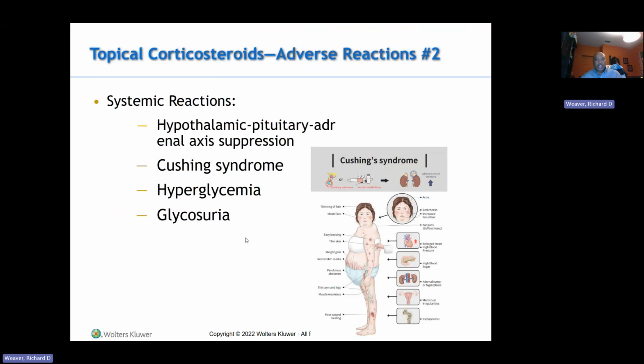They produce the steroids, as well as the epinephrine, norepinephrine, and so forth. And so if these steroids are applied to the skin and it is absorbed too much, causing a systemic reaction, it is going to lead to a condition called Cushing syndrome. It's like giving a patient too much steroids. And you can look at this picture or this image on this slide.